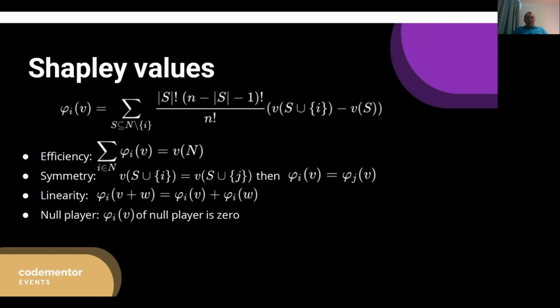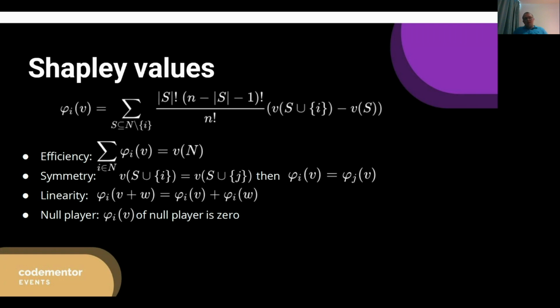There is an idea that if we have these four properties, the only answer is the formula above, Shapley values. The first property literally means that they split the money which they earn altogether.